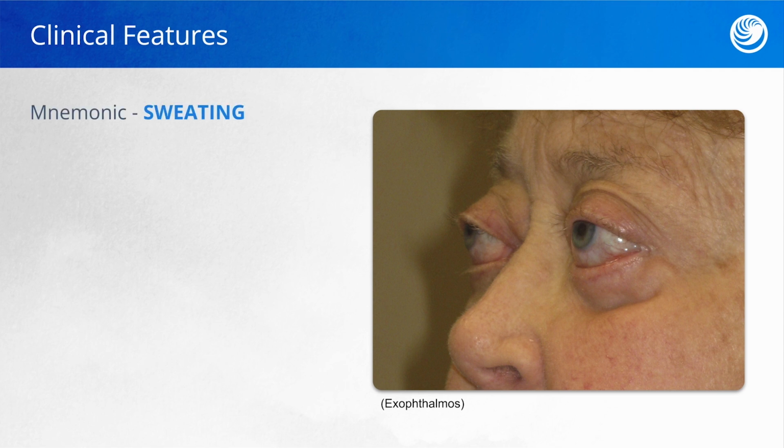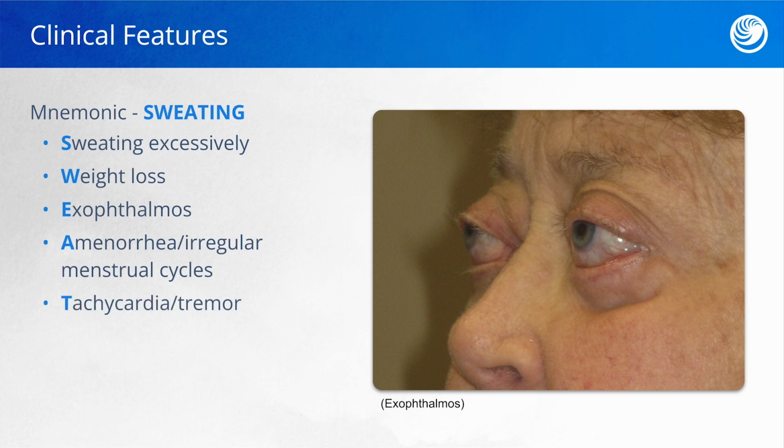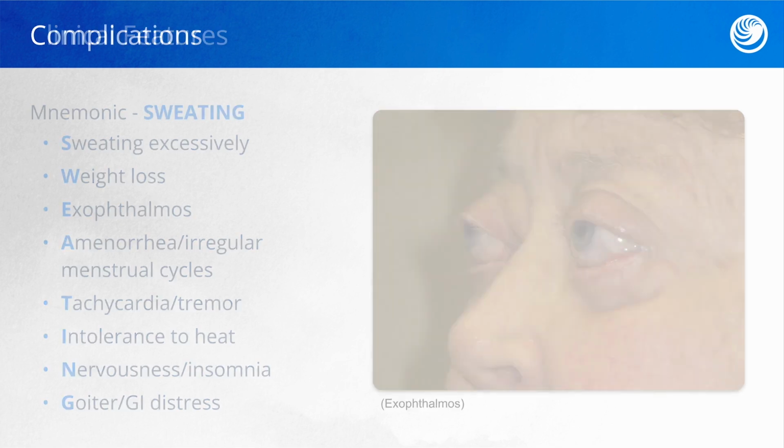Essentially, the client will have excessive sweating, unexplained weight loss, exophthalmos, which means the eye protrudes from the eye socket, amenorrhea or irregular menstrual cycles, tachycardia or tremor, intolerance to heat, nervousness and insomnia, or goiter and GI distress.